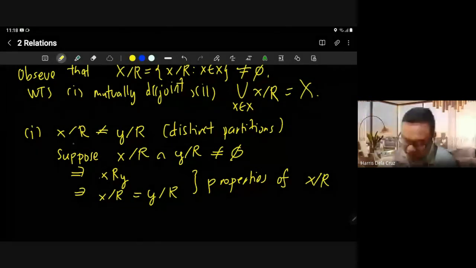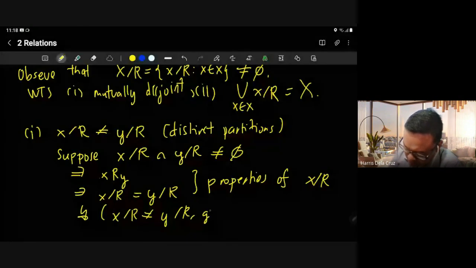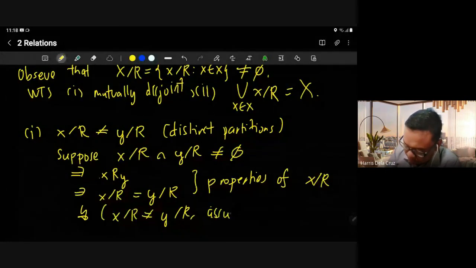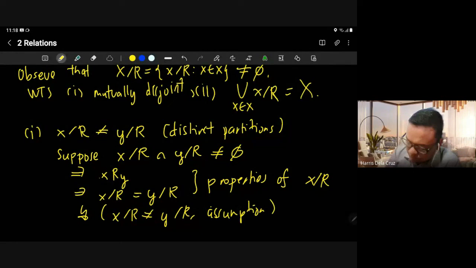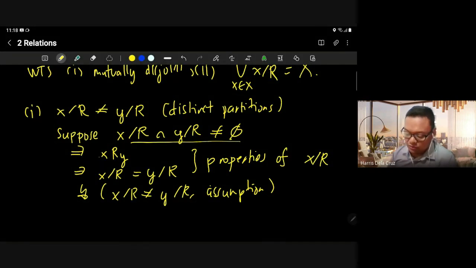Oh, akala ko ba ang assumption is distinct? So this is a contradiction since by the given, dapat ang x over r ay not equal to y over r. Kasi yun yung given. Or, well, hindi given, assumption. So since this is a contradiction, therefore, the assumption na ito ay hindi equal must be false.